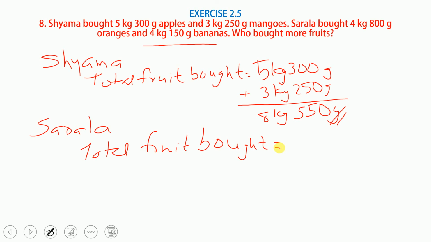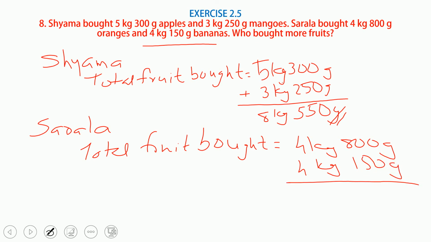She bought first 4 kg 800 gram of oranges and 4 kg 150 gram of banana. Now while adding, what you will get is 0, 5, 9, that much gram. Here again there is no carry forward. So here it is 8 plus 4 plus 4, 8 kg. So this much gram of total fruit.